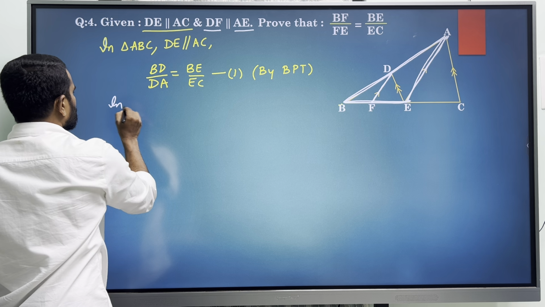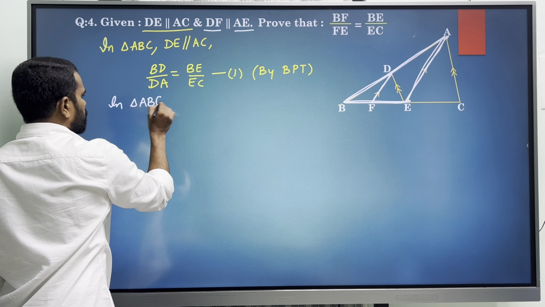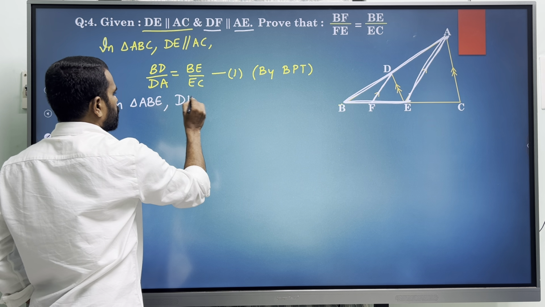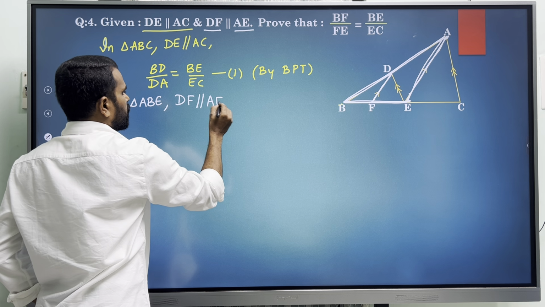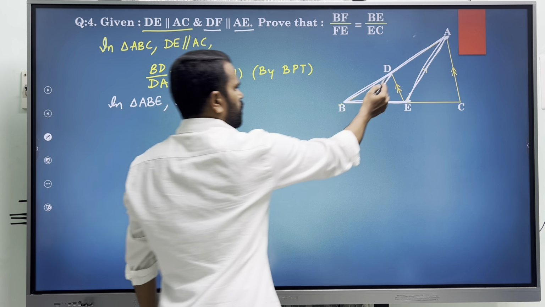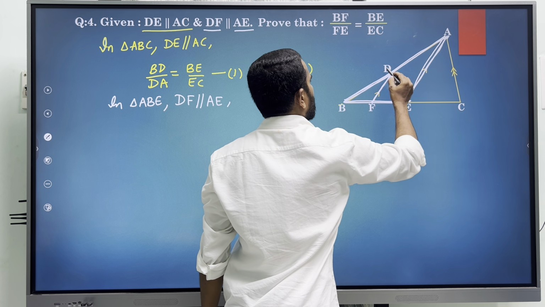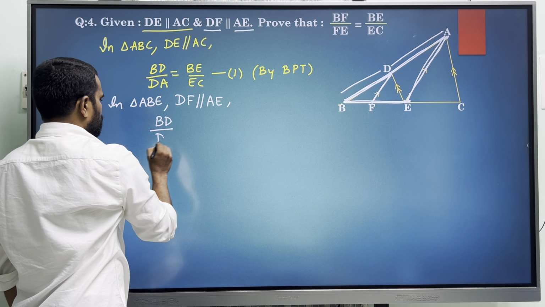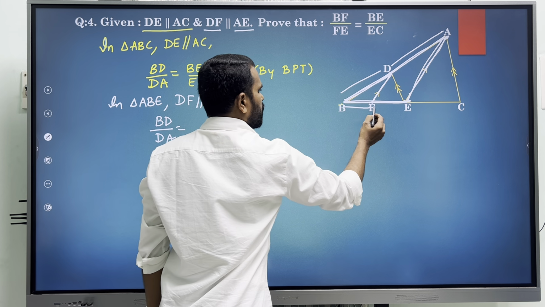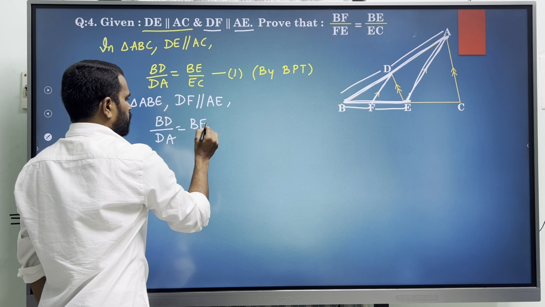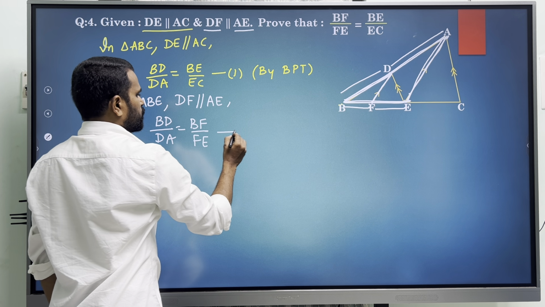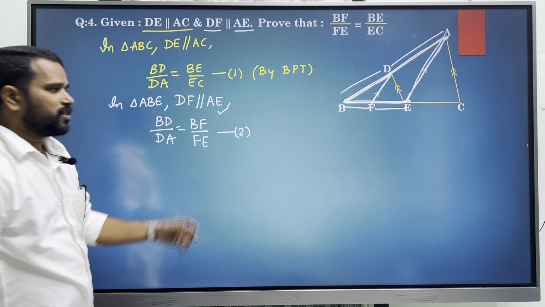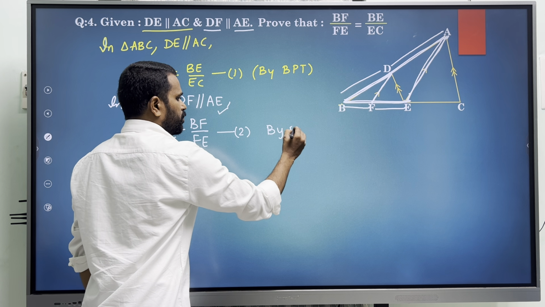In triangle ABE, DF is parallel to AE. So DF parallel to AE means BD by DA is equal to DF by FE. So this is number 2. This also we have written because DF is parallel to AE, so by BPT only.